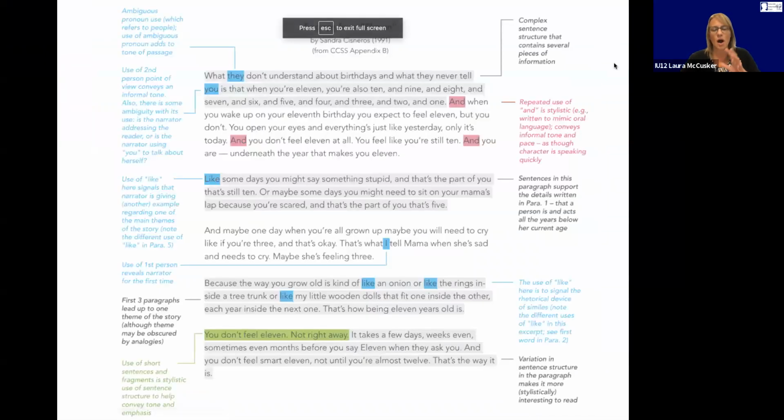Let's see what that might look like. So on our next slide, we have an example of 11. This text is about for 11-year-olds. But when we're thinking about how this looks by using the protocol, you can notice that there are different colors here for the different types of reading that this teacher did.